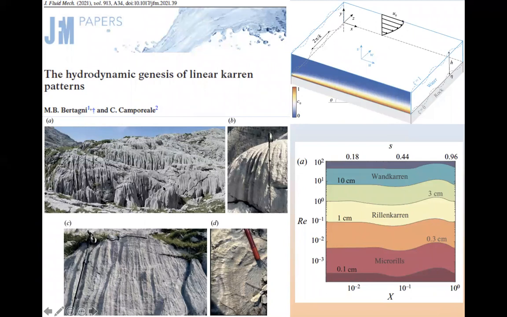So they are erosional patterns, but erosion comes from dissolution because the flow is undersaturated. You see that there is an increase of the concentration of carbonates downstream, so there is also a dependence on X, the streamwise coordinate.